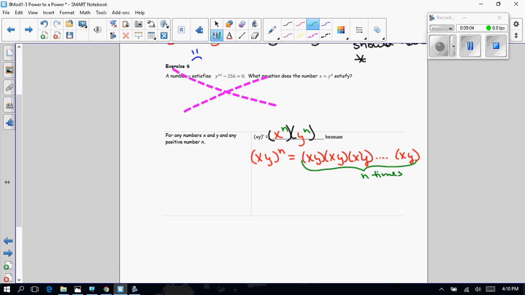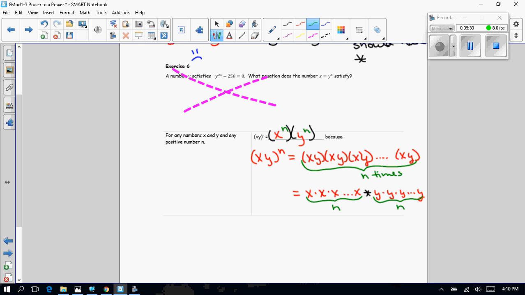Well, this is just a big long string of multiplication. So if you wanted, you could rewrite this as x times x times x times x n times, times y times y times y n times. Right? I can split the x's and the y's into groups.